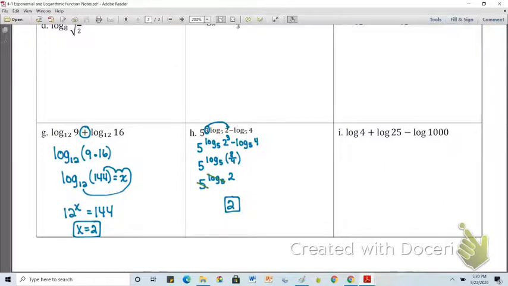Okay, last one. Just because we're dealing with logs doesn't mean I can throw my order of operations out the window. So I still have to do it from left to right. So first things first, this plus is going to mean times. So I have log 4 times 25.